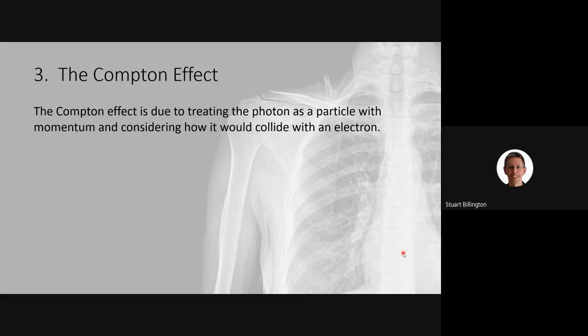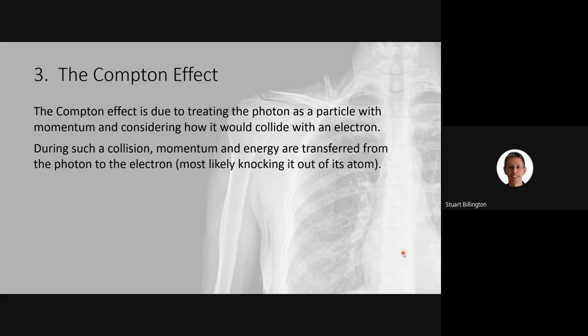So what the Compton effect does is take relativity into account, and it asks what would happen if the momentum of a photon was able to be transferred to an electron in one of the tissues of a human body. So what will happen is that, a little bit like simple scattering, the photon is going to ricochet. It's going to bounce off in a different direction.